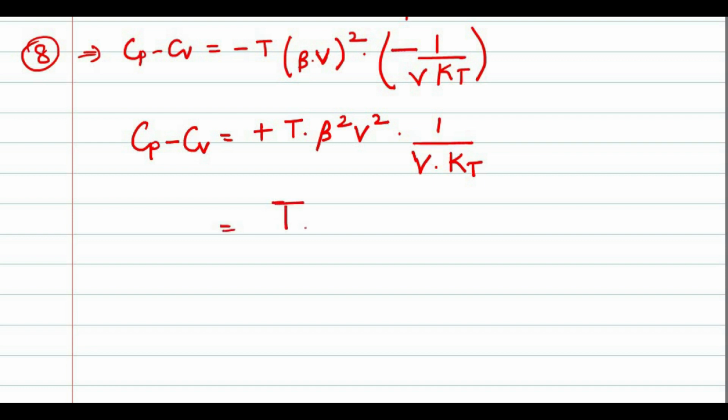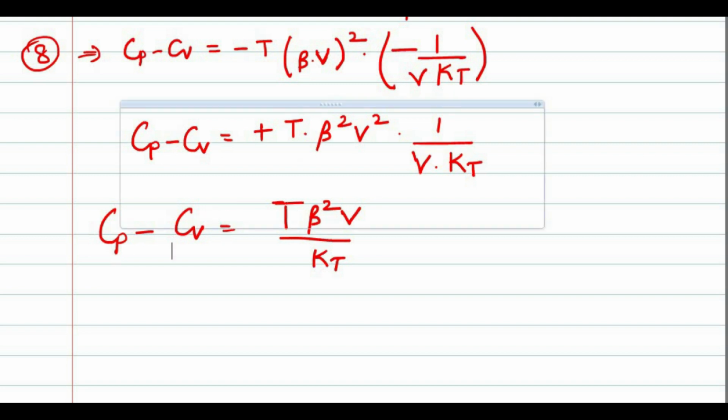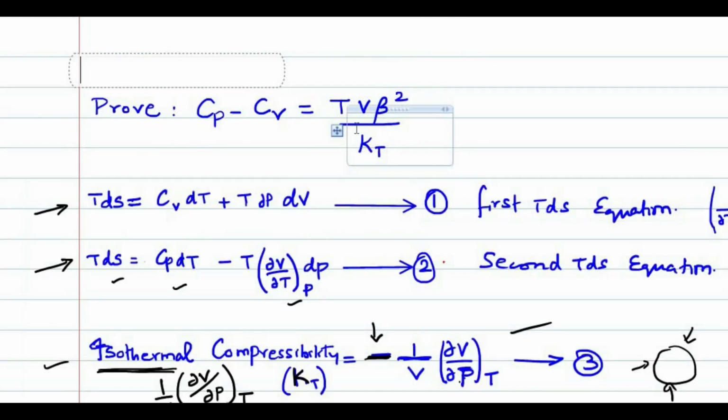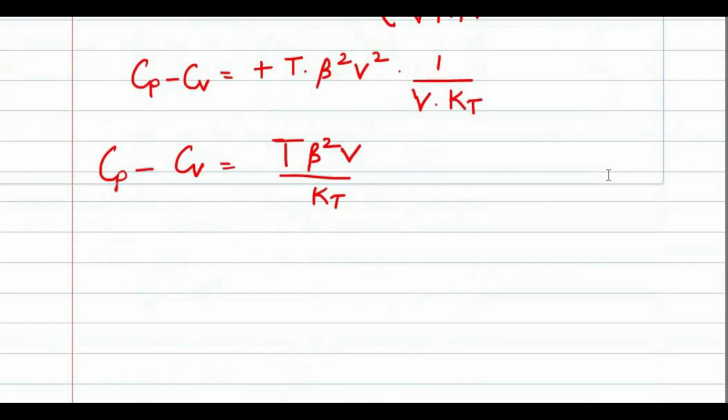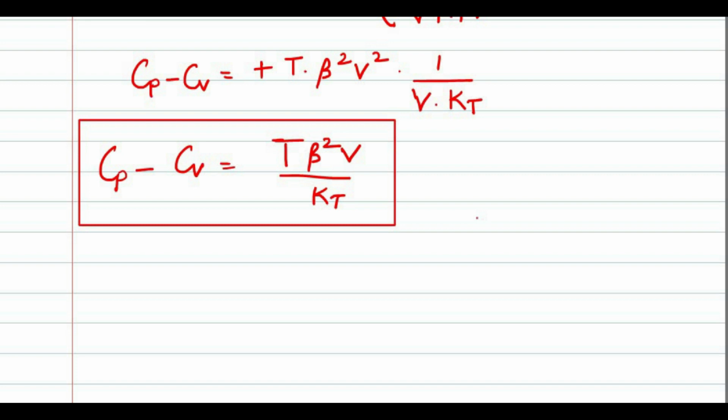So temperature will remain beta square, here volume square and here volume is there, so I am cancelling, so V by kT. So Cp minus Cv is equal to T beta square V by kT. So the final result as asked in the question has been derived. Thank you.